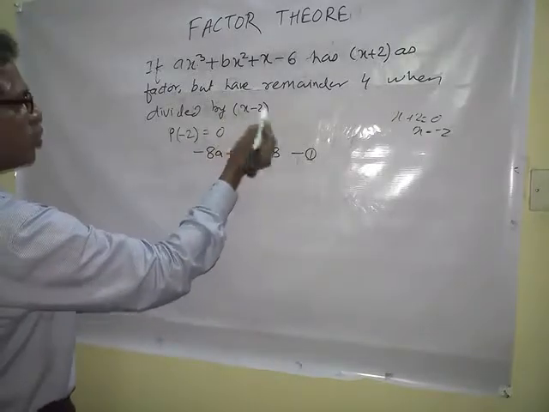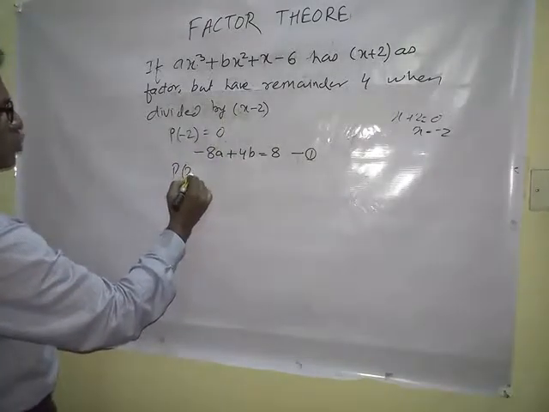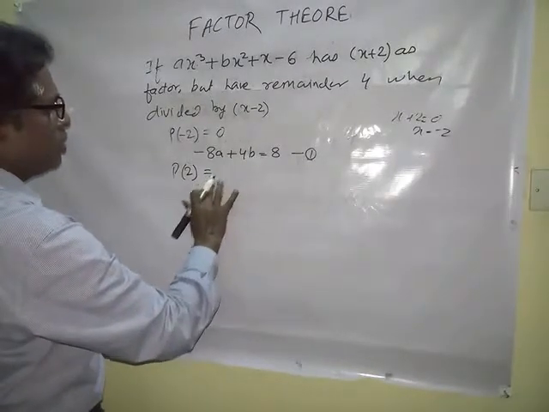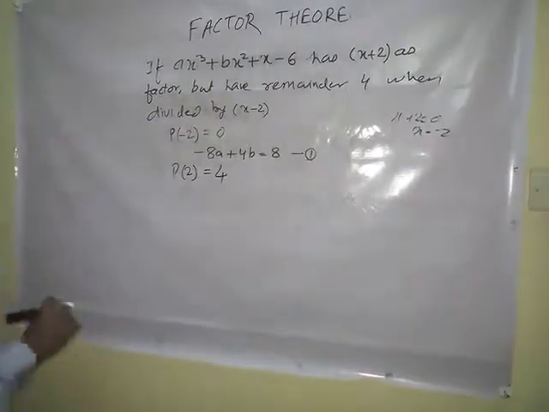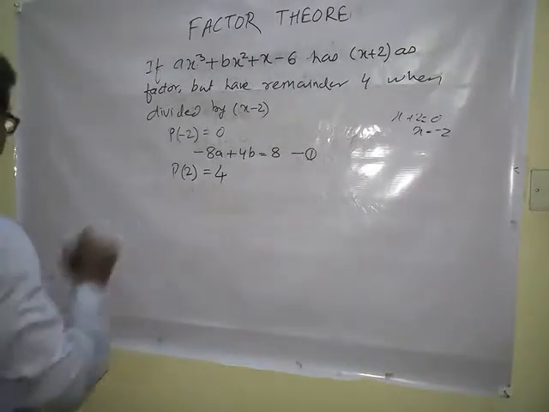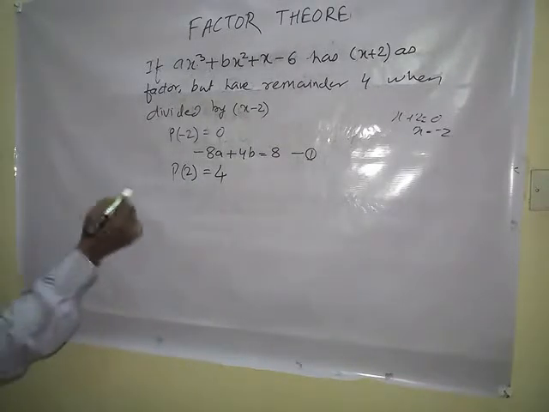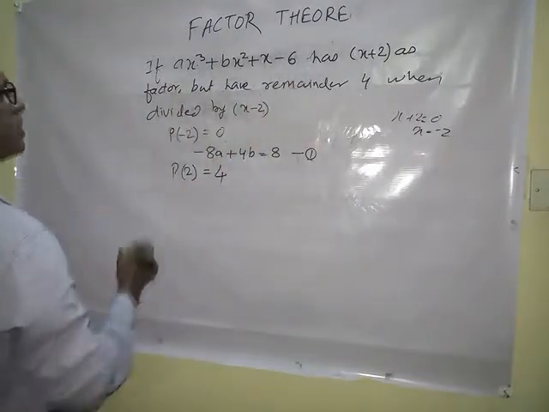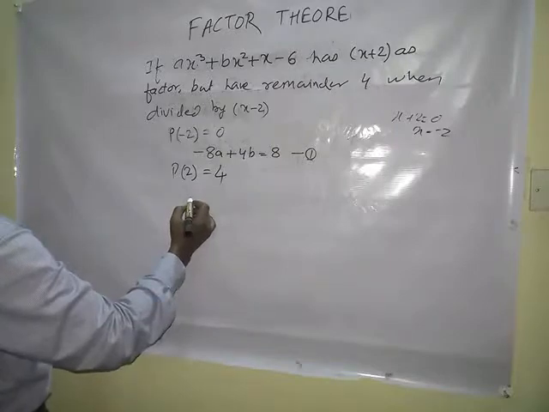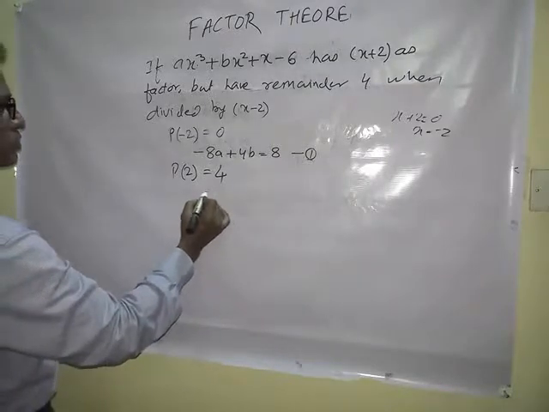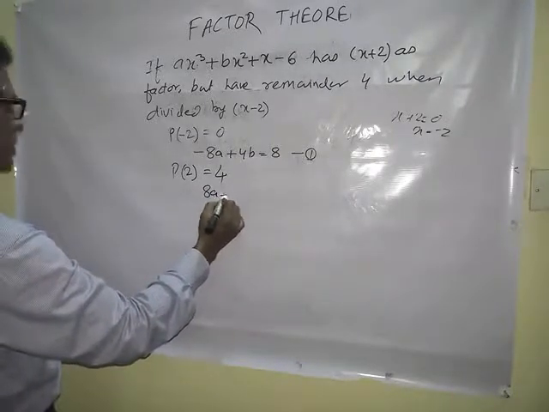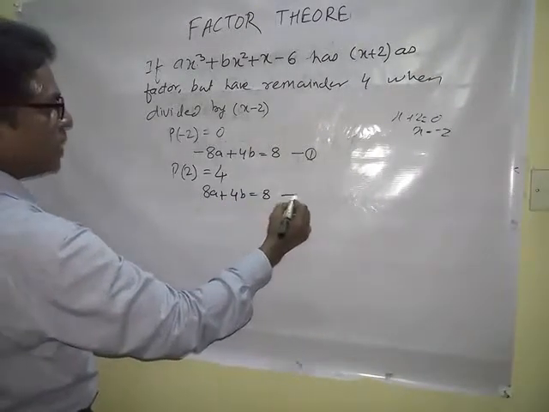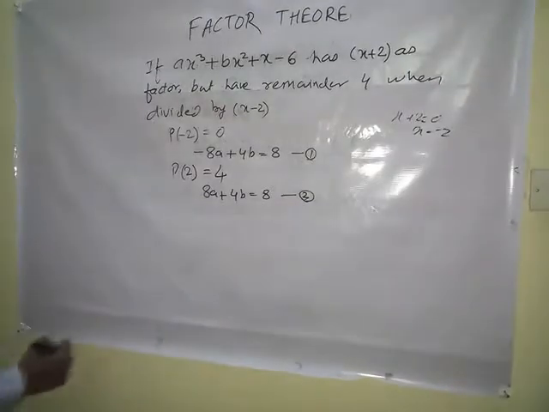So x minus 2, hence p(2), as per the remainder theorem, p(2) will be equal to 4. So again put the value of 2 here in place of x. You will get an equation 8a plus 4b is equal to 8. This is equation number 2.